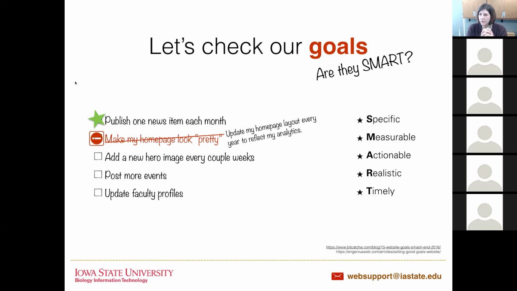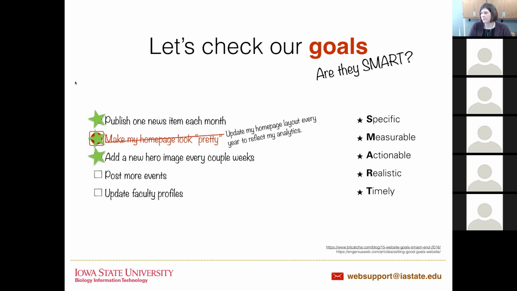Sure, it's timely. And there's also some other goals on my list that do affect my homepage, but they may not affect my homepage layout. So keep in mind that by publishing a news item every month, you're also updating your homepage if you have a news block on your homepage, so that your information is looking new and fresh for folks that visit. Let's move to the next one.